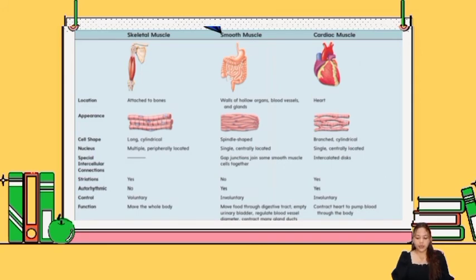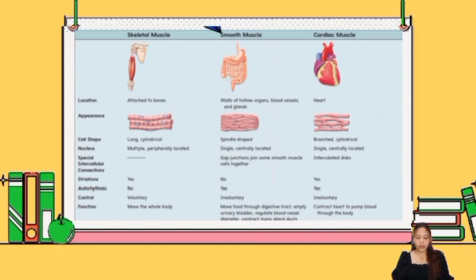This muscle is also known as visceral muscle because it is found in the organs. Visceral pertains to the organs of the abdominal cavity.